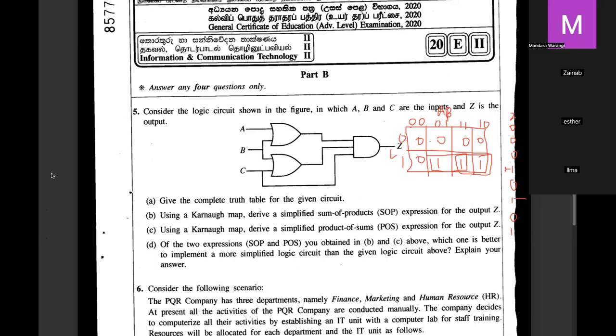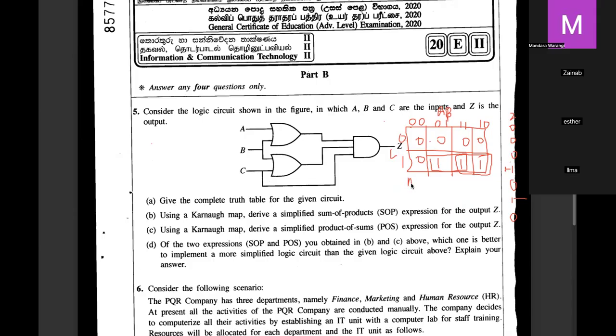So how can we write the expression? In SOP, if it is 0, we call it A bar, and if it is 1, it's A. So how can we do this? If we take this element, how can we name it?